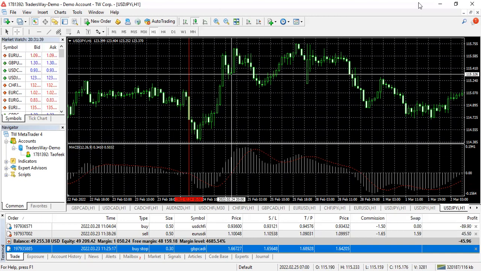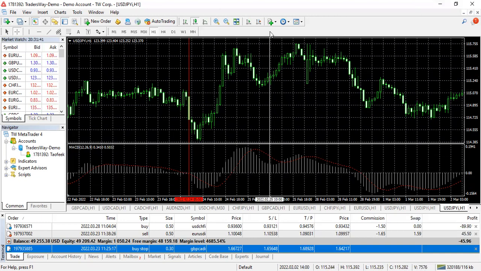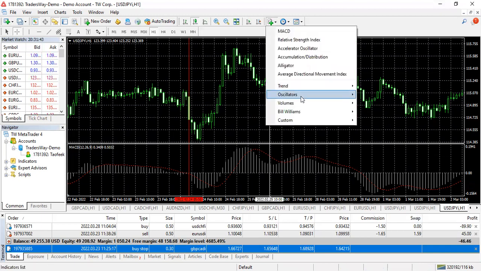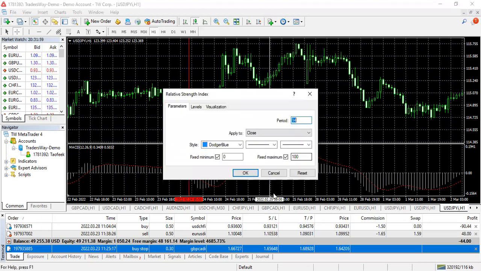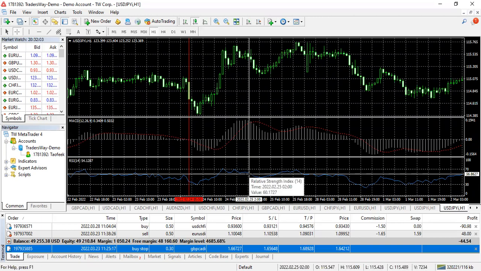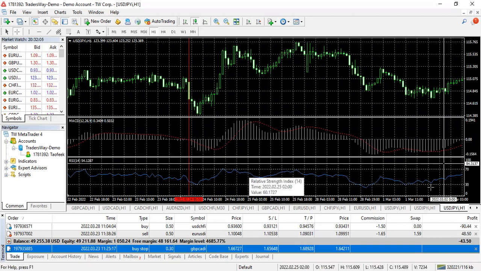Let me show you another example of leading indicators. You can actually use any of these, but any indicator you want to use, make sure you know how that particular indicator works. So, Relative Strength Index, RSI. Can you see?